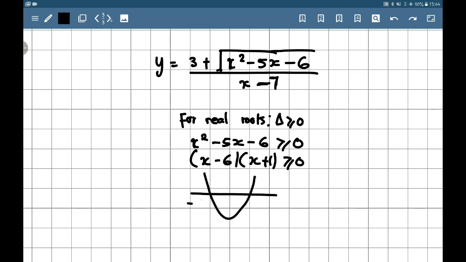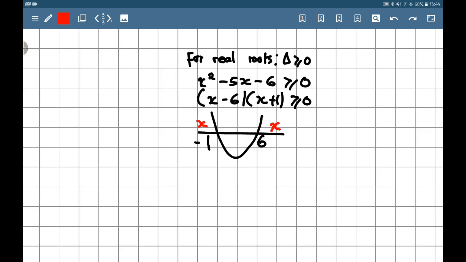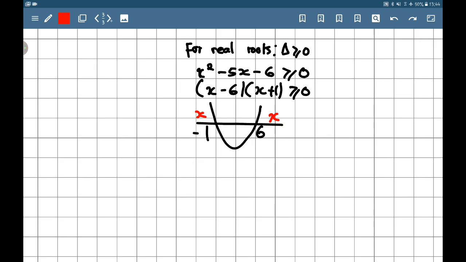And in your critical values, you're going to get 6 and minus 1. And your values of x will be there and there, right? Yes. Which means x is less than or equal to minus 1 and x is greater than or equal to 6.